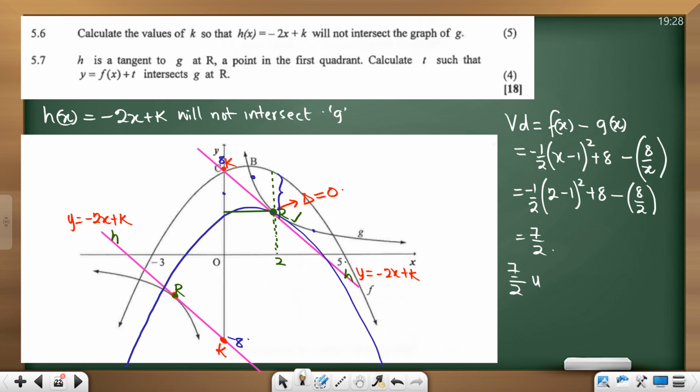Remember we moved down. Down. Therefore, t must be what? Negative 7 over 2. Whew. Yeah, this is high order, but it's something you must have an idea of. Okay, shifting the graph.